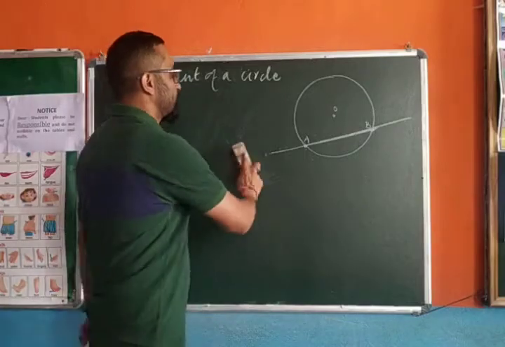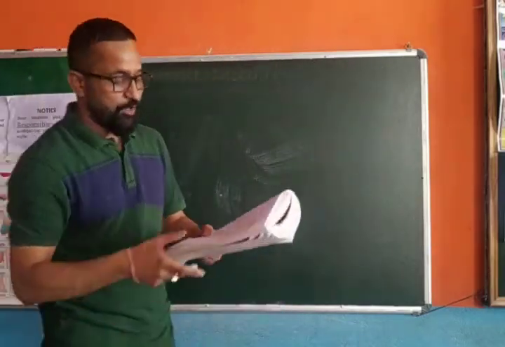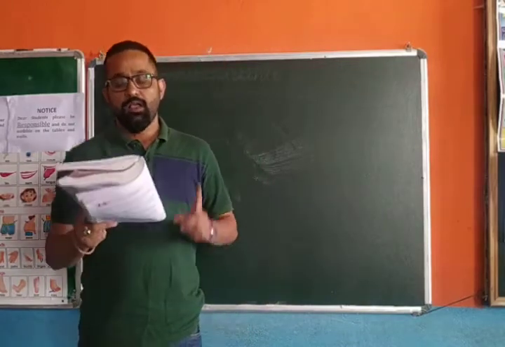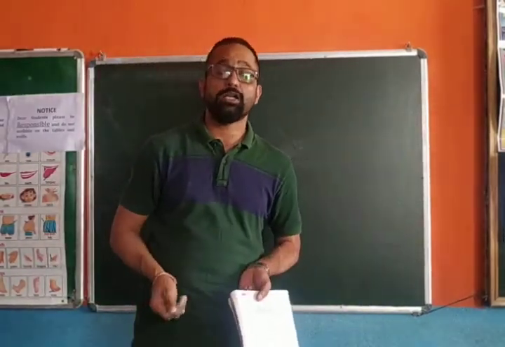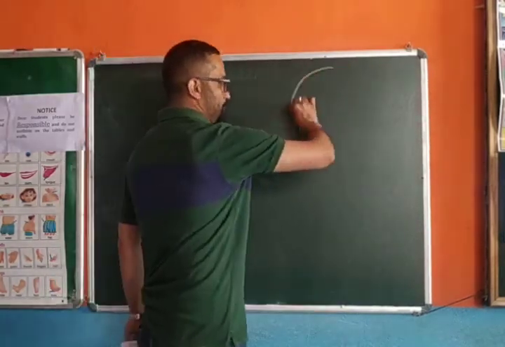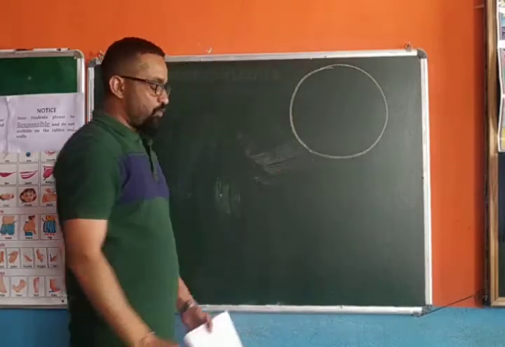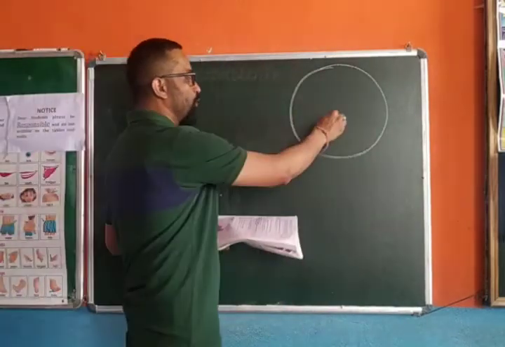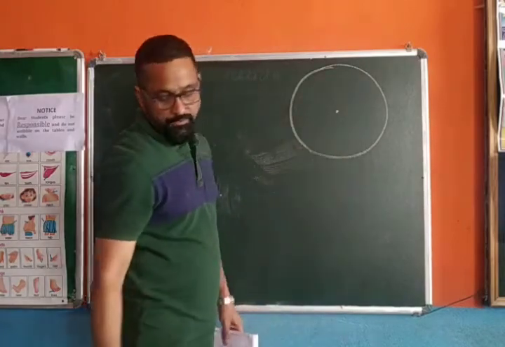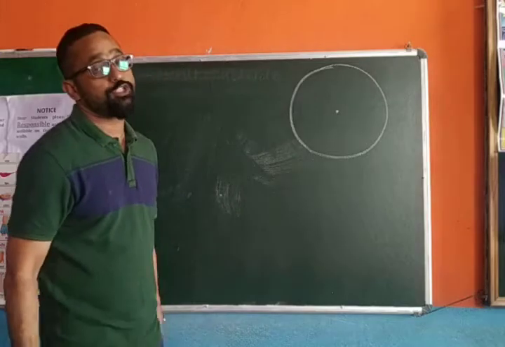Now, arc of a circle. The next one is arc of a circle. A continuous part of a circle is called an arc of the circle. You have a circle with center O. The continuous part of a circle.